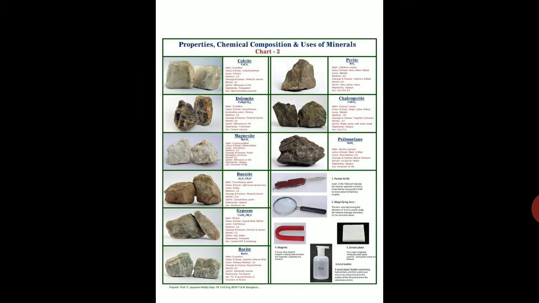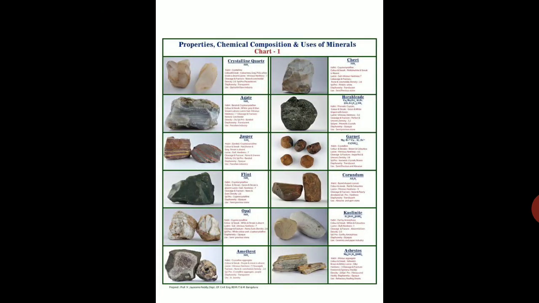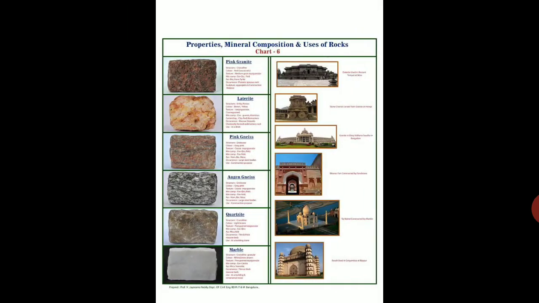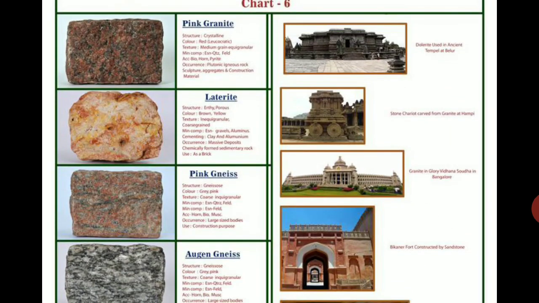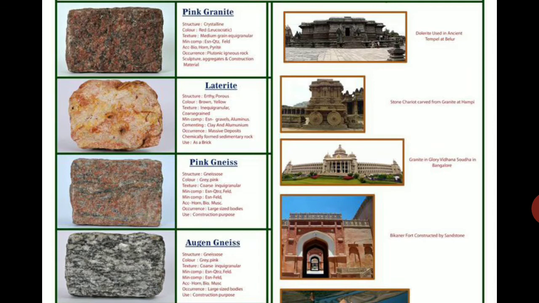And laterite is the last sample I would like to show you. On the left side you can see the second sample is laterite. The structure of this laterite is earthy or porous. Color is brown and yellow.